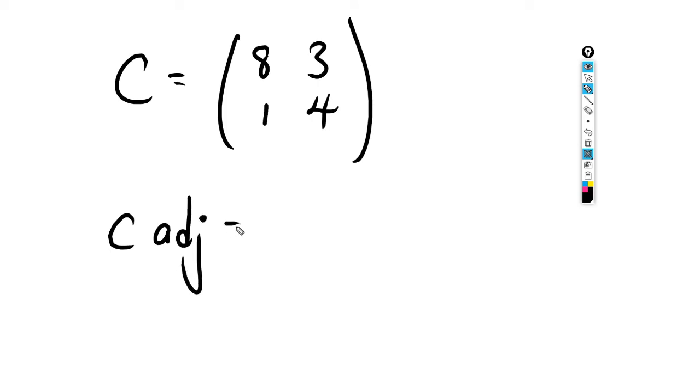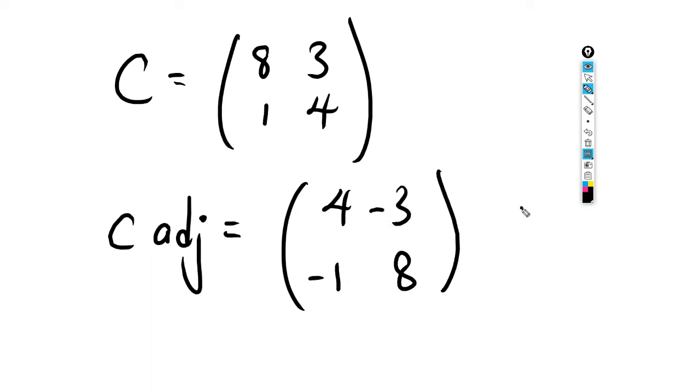We're going to switch the main diagonal, so we get 3, 8, and then we get negative 4 and negative 1. Awesome, guys. Really easy in my opinion, and it's really simple when you think about it.